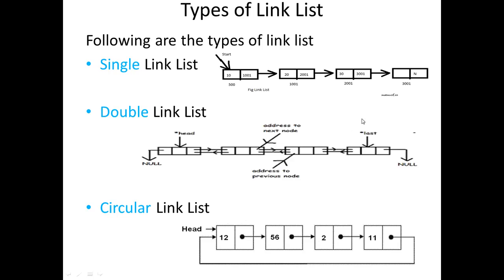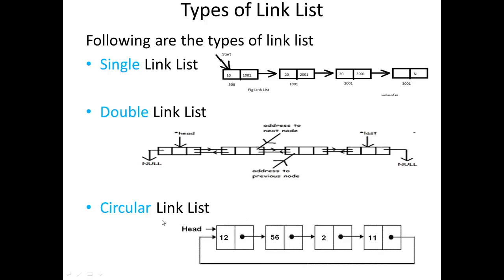Lastly we will see types of linked list. As you are seeing the diagrams on the screen, a single linked list will have a single pointer, a double linked list will have two pointers, one pointer pointing to the next node and one pointer pointing to the previous node.